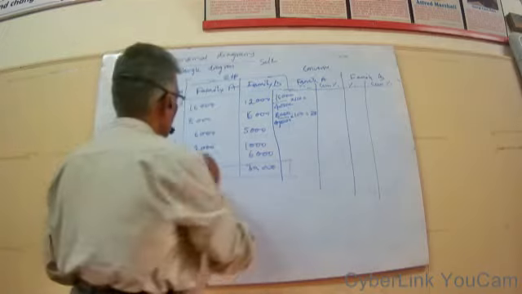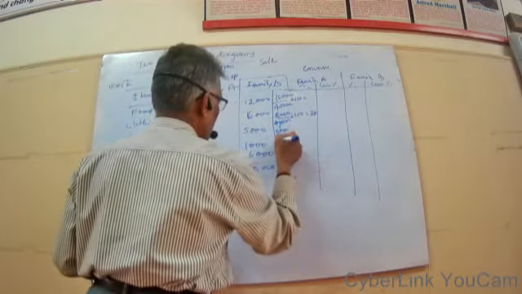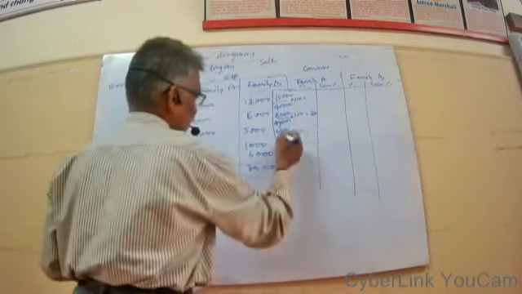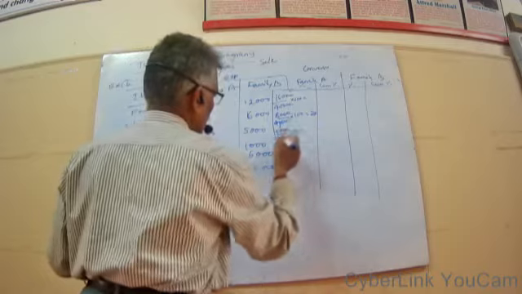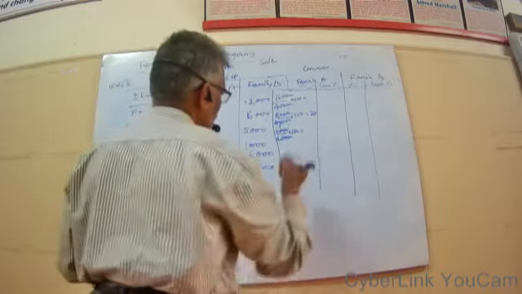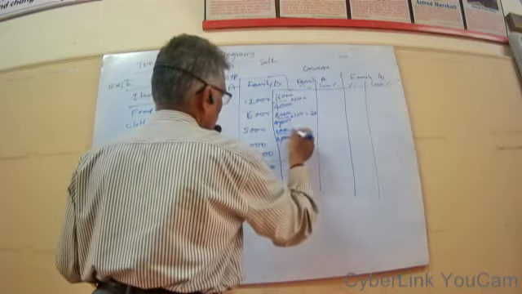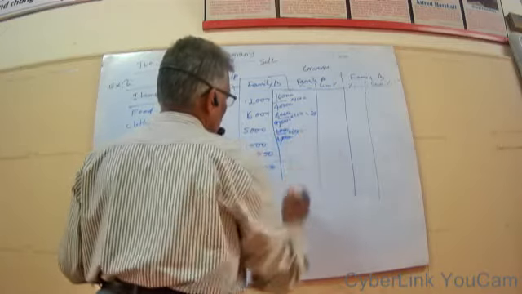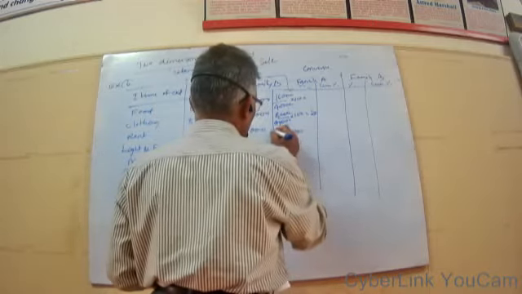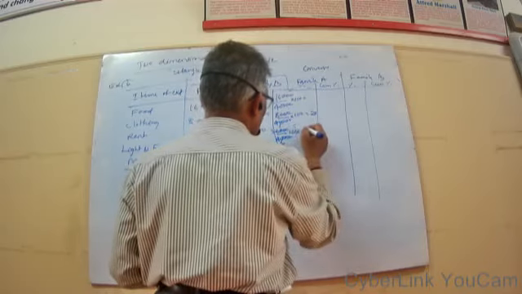Next is 6,000 divided by 40,000 multiplied by 100, the 1,000 cancels. So 6 divided by 40 multiplied by 100 is 600 divided by 40, so 4 cancels, 60 divided by 4, equal to 15.